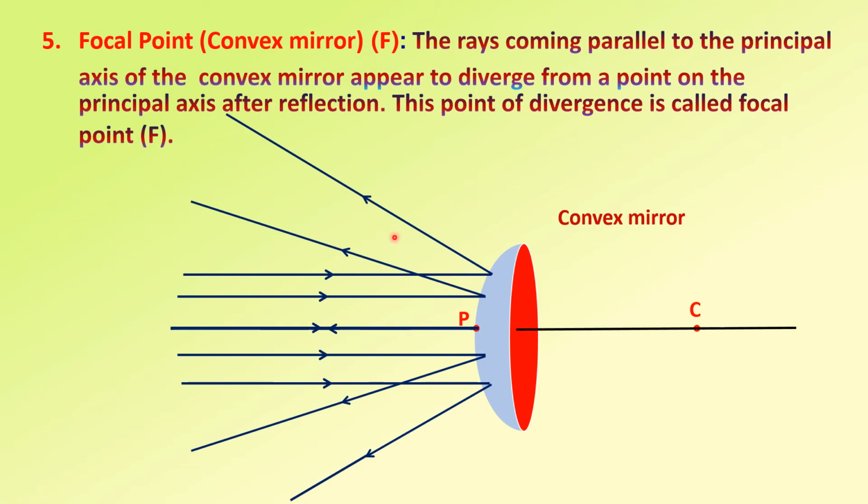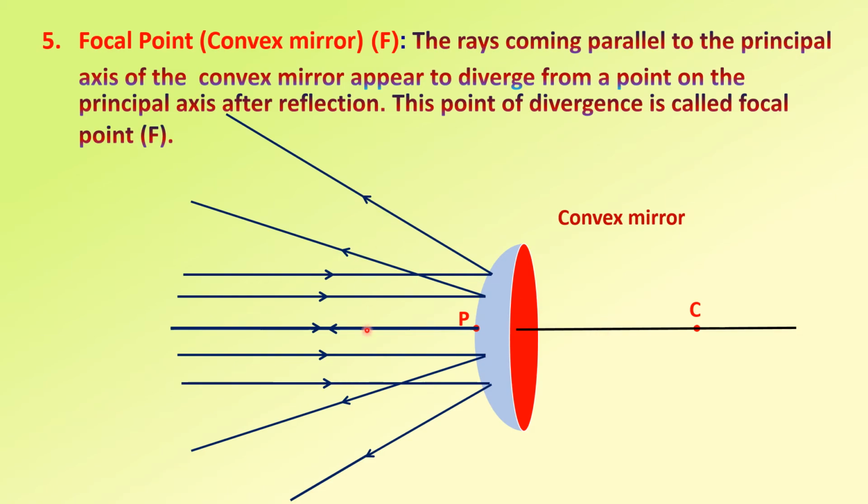So if you intercept some of these reflected rays, suppose if you see these rays from this point, you perceive that light as originating from a point source from the other side of the mirror, that is behind the mirror.